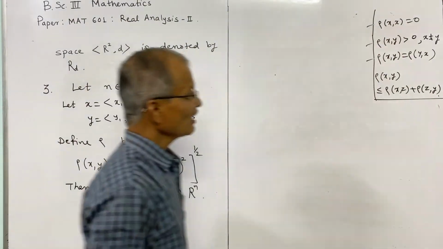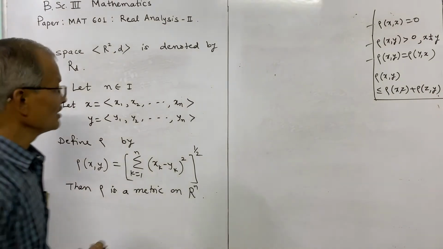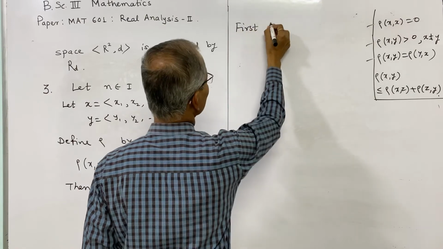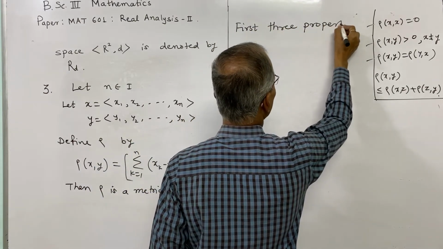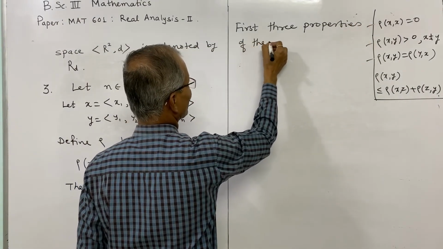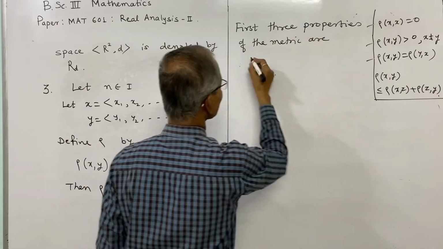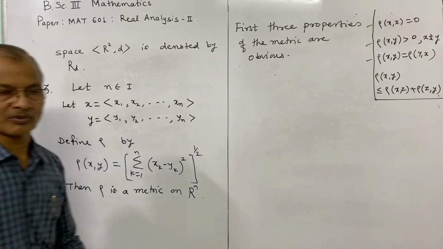Now what remains is to prove the triangle inequality. The first three properties of the metric are obvious, trivial, and easy to prove.